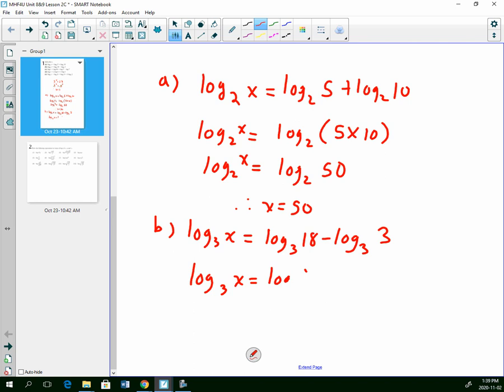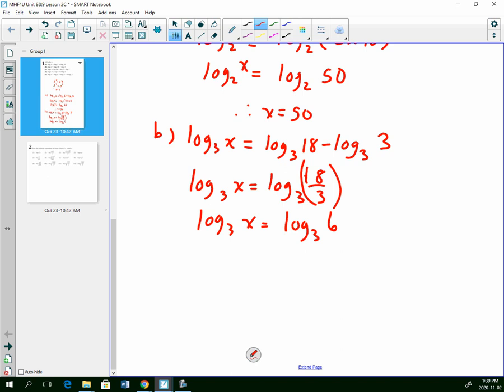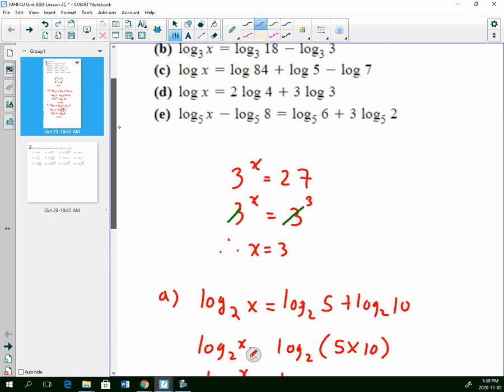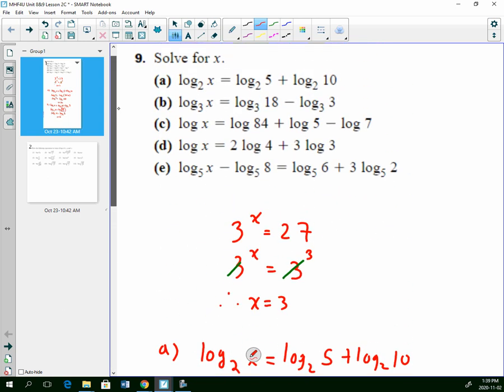So we can convert subtraction to division. So we'll do 18 divided by 3. And once we have that, we have 1 log base 3 on the left, 1 log base 3 on the right. Therefore, x must equal 6. So we're just combining using our log laws to do that. Let's do one more.